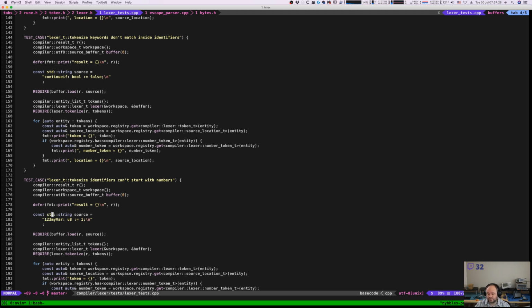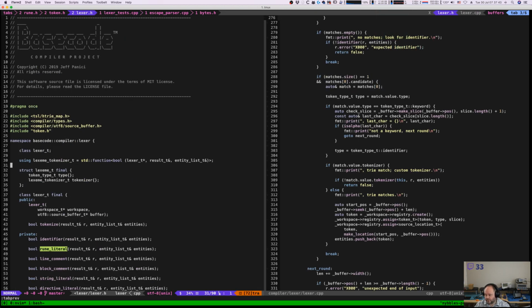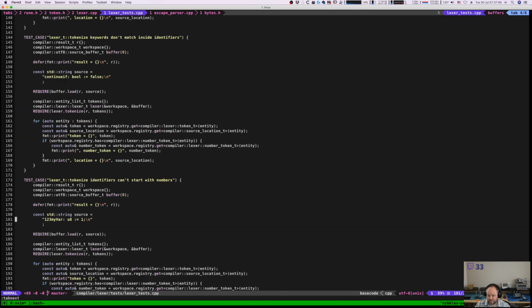Like it's nonsensical to have a number like this in front of an identifier. So I'm wondering if that condition just gets punted to the parser, and then the parser is going to see a number and then an identifier, and that's not valid grammar, so that's going to fail.